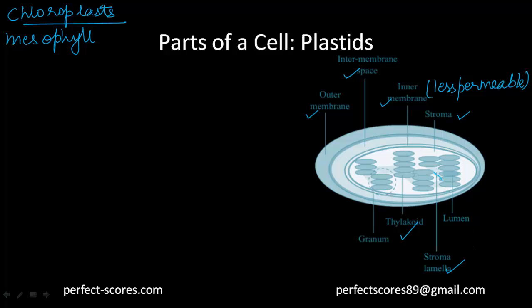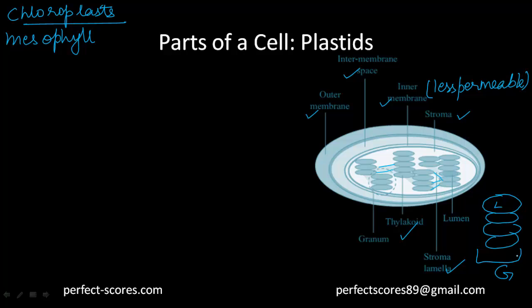So you can see this structure over here, the connection between different grana is done by the stroma lamellae. They connect the thylakoids of the different grana. The membrane of the thylakoids has a space known as lumen. So if you look at this being a thylakoid, inside this is the lumen. And then these thylakoids are arranged. This arrangement, this stack, becomes known as the grana.